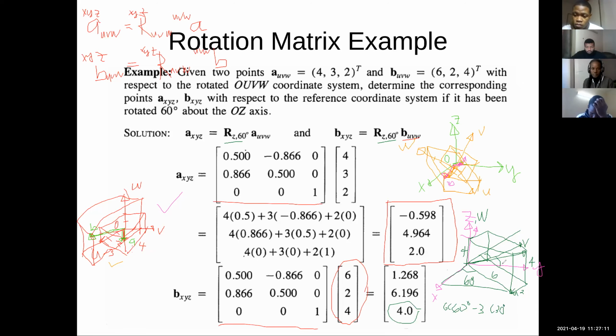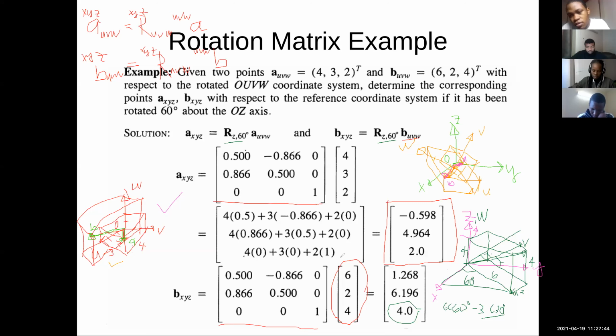Any questions? Because here this is 60 and that's 30. So cosine of 60 degrees. What is cosine of 60 degrees? Is this the one? 0.866? I think that's the one. Can somebody check? Yeah, that's correct. So it's a negative value.